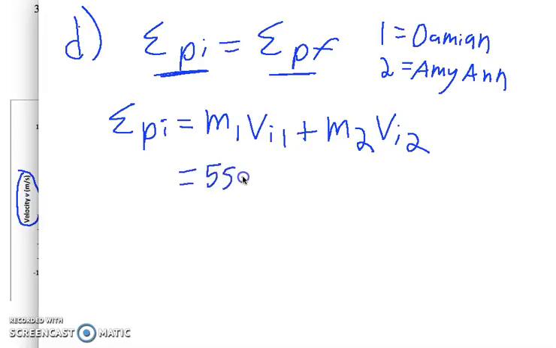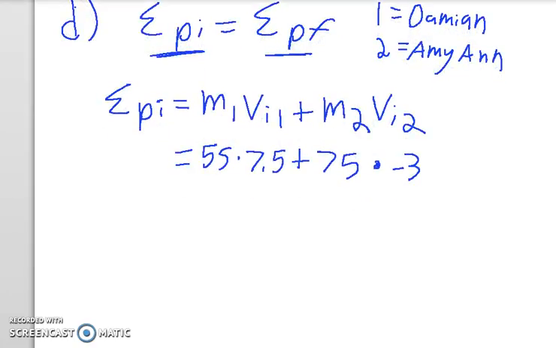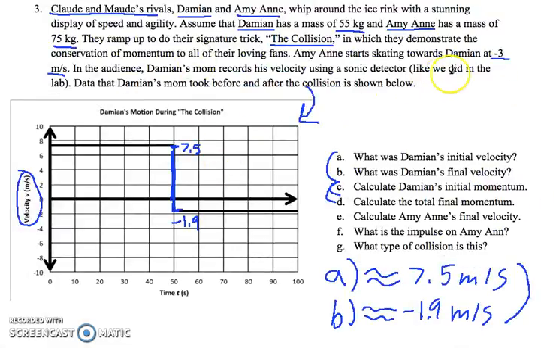The mass of Damien, 55, times his initial velocity, 7.5, plus 75, the mass of Amy Ann, times her initial velocity, -3 meters a second. We know it's -3 because it says in the problem she's skating at -3.